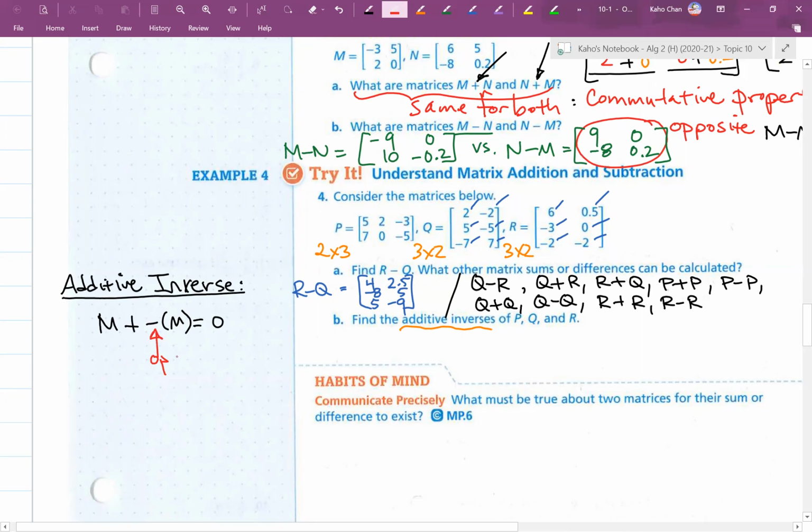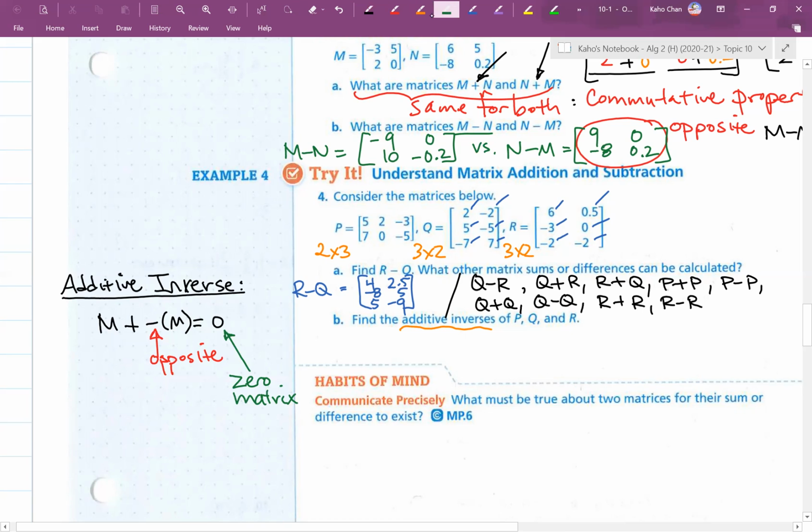Just -1. And when you put them together, the additive inverse with its opposite, you'll get the zero matrix, where the whole matrix itself has zeros everywhere in each element.